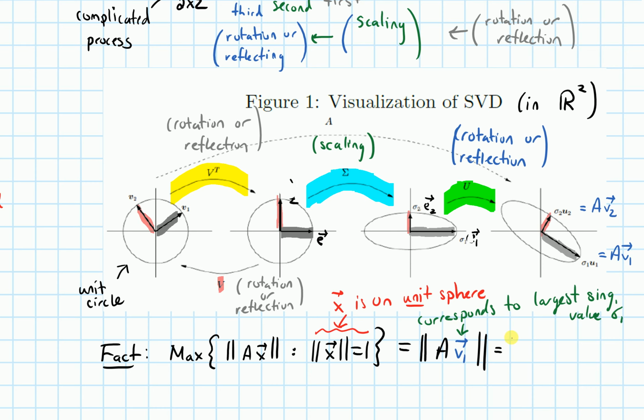And in fact, with that specification, A times v1 will be sigma 1 times u1.